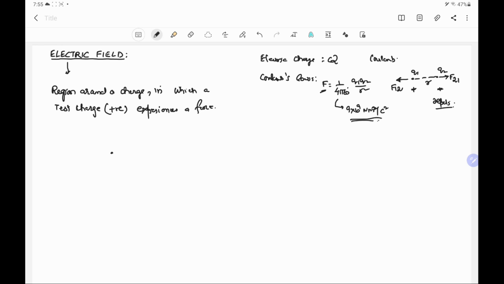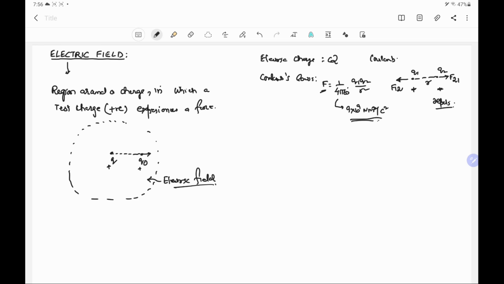It means if this is a charge Q, then there will be a region around it in the space. In this region, if we put a charge Q0, this is the test charge, then this test charge will experience a force. If this Q is positive, then the test charge will experience a force along the line joining them in outward direction. This region where the test charge experiences a force is called electric field.